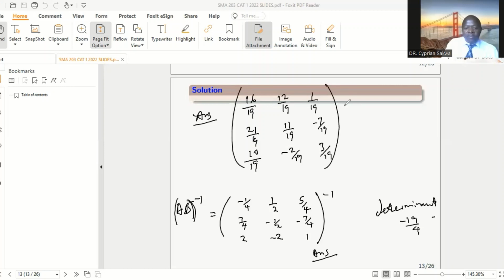Of course, you can even factor 1 out of 19 outside if you want, and just write 16, 12, 1, 21, 10, negative 7, 10, negative 2, and 3. And that becomes the answer. And I think that is the format that the question wanted. The question wanted the 1 over 19 outside.